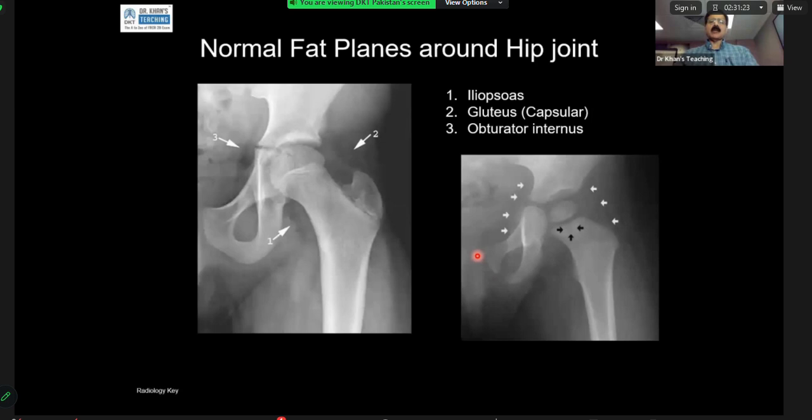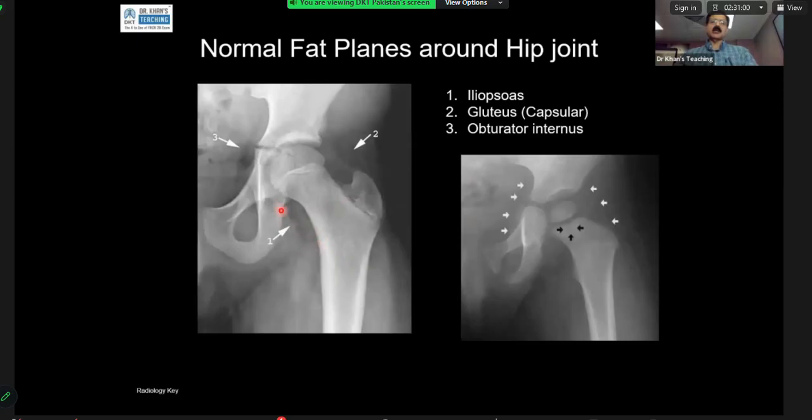But 3 fat planes should be in your vocabulary around the hip. And they will ask you this in the exam. What are these fat planes? These are 3 fat planes. One is this one, where you remember that the iliopsoas is coming and it is being attached here at the lesser trochanter.